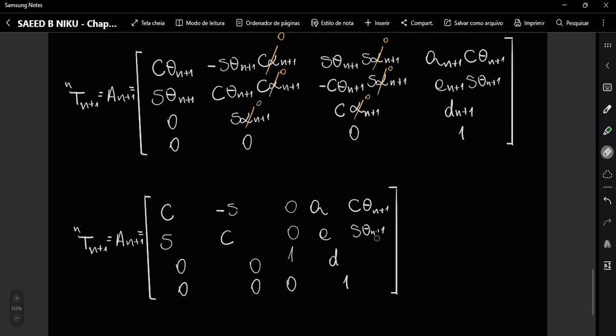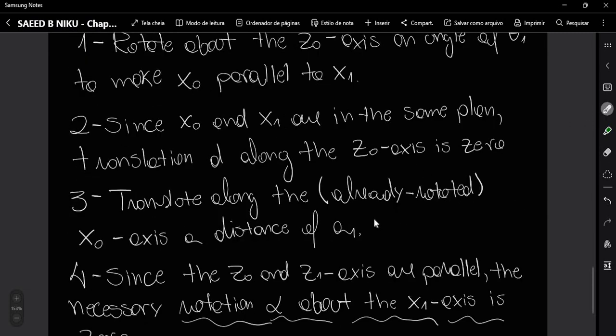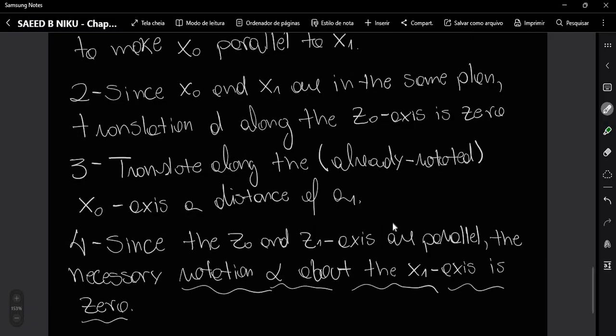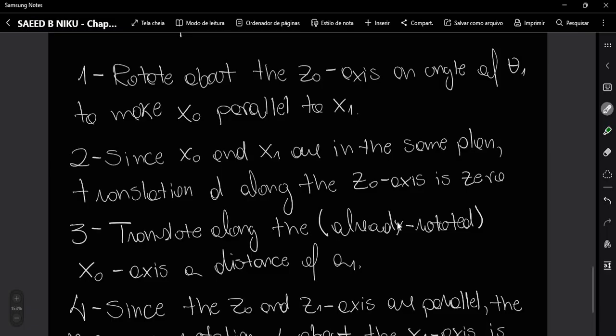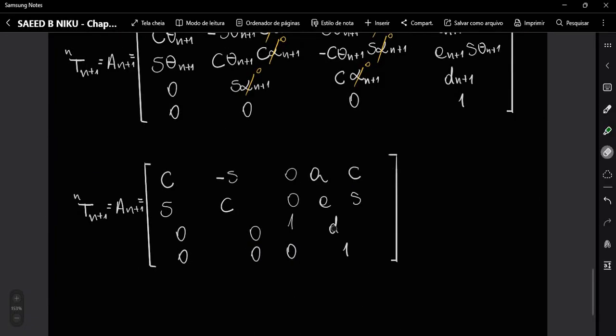And D is also 0. Right here. The translation D along the z-axis is 0. So right here D is equal 0.